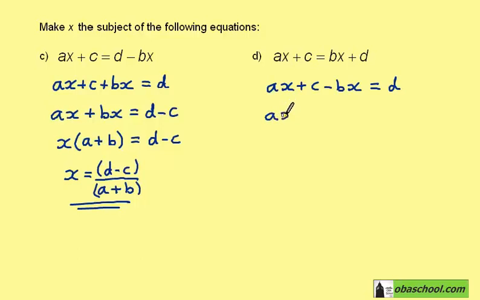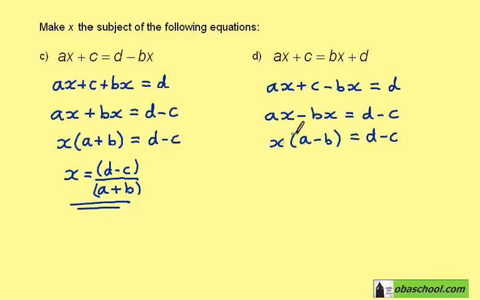We have ax minus bx is equal to d take away c. We have a common factor of x here. We have x, open bracket, a minus b, is equal to d minus c.